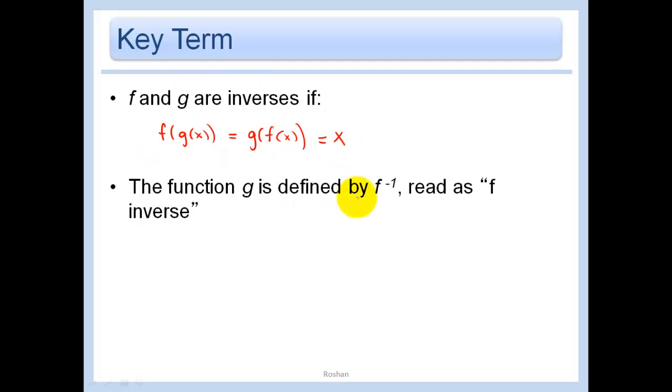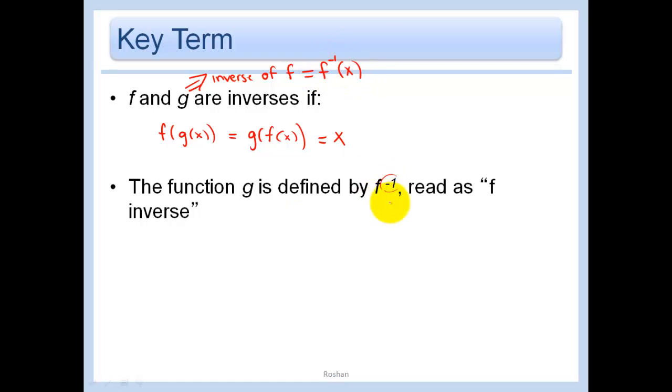The function g is defined by f inverse, which reads as f inverse. So in this example, we're saying f and g are inverses. So g should just be defined as the inverse of f, and the shortcut is f inverse.